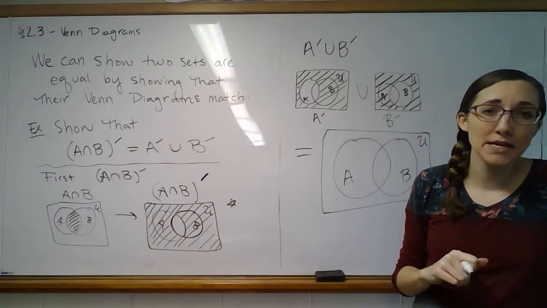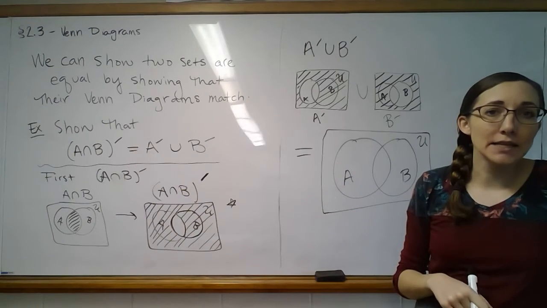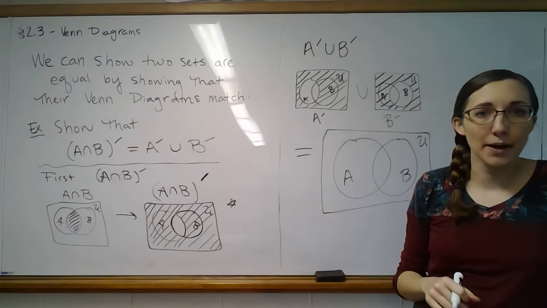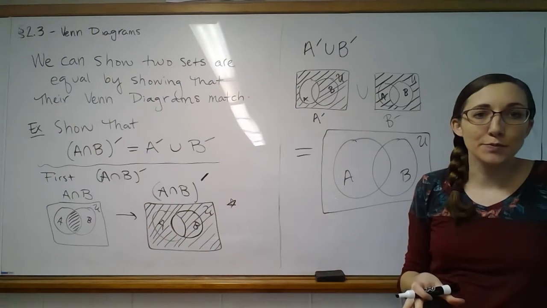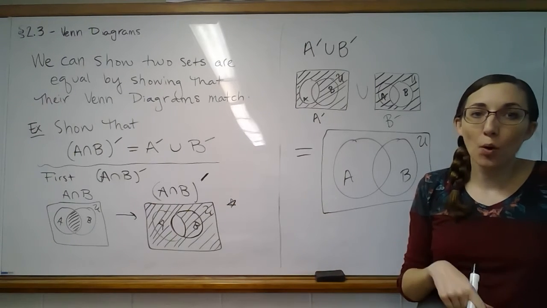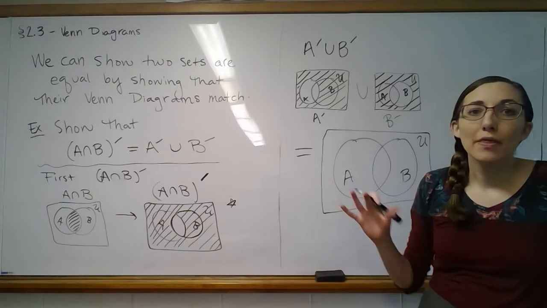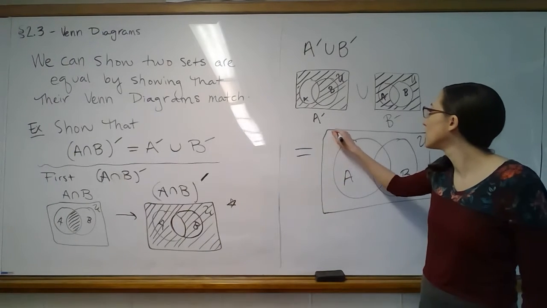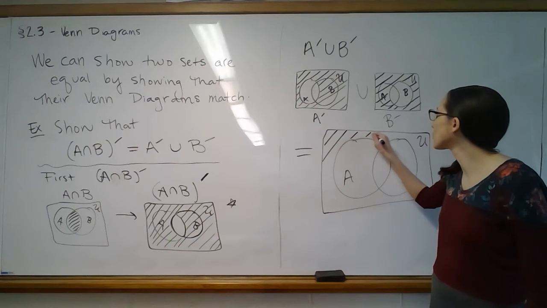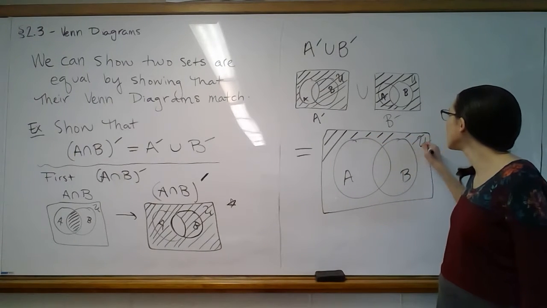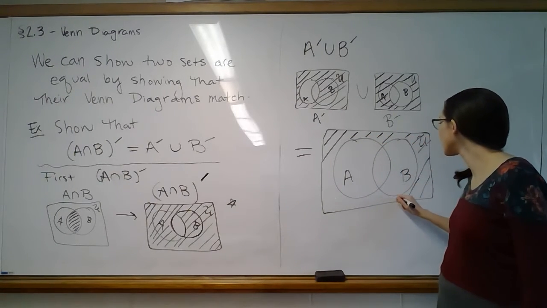So we can go piece by piece and see what's shaded in either of them. Notice it doesn't need to be shaded in both of them, just one or the other. So the box works. Everything outside of the circles is shaded in the pictures.